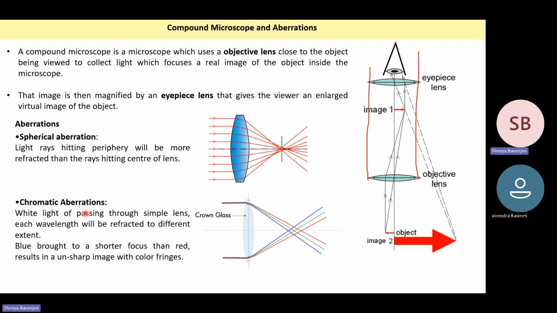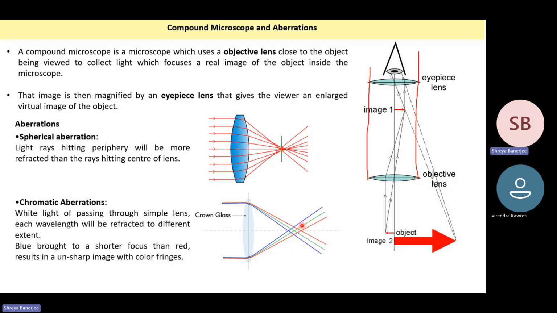Another kind of aberration is called the chromatic aberration, where you have white light passing through the lens and each wavelength in the white light is being refracted to a different extent. So white light is passing through the lens, but after passing through the lens, it is splitting up into the different colors or components of the white light, because the extent of refraction for each wavelength, each color, is different.